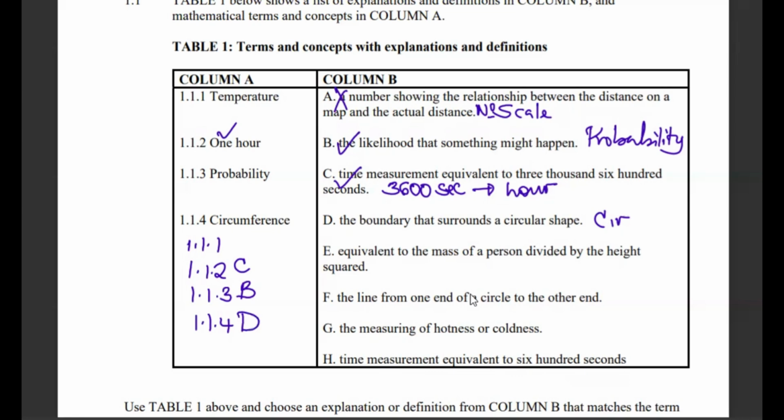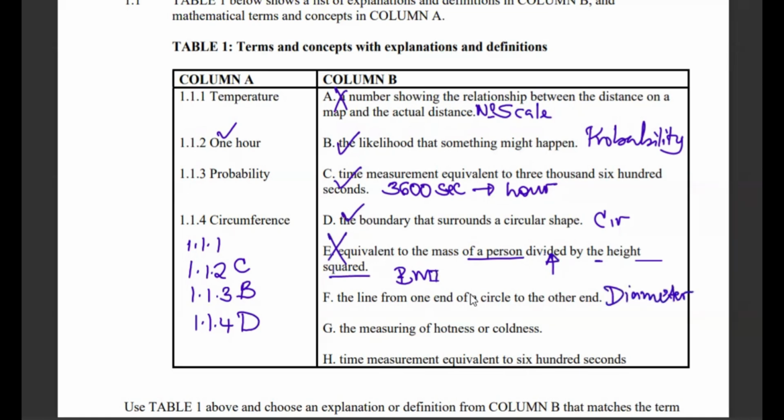An equivalent to the mass of body, the mass of a person divided by the height squared. This is the same as BMI. We don't have any BMI, so this one is not used. D was already taken. All right, define the line from one end of the circle to the other end of the circle. This one we know as a diameter.